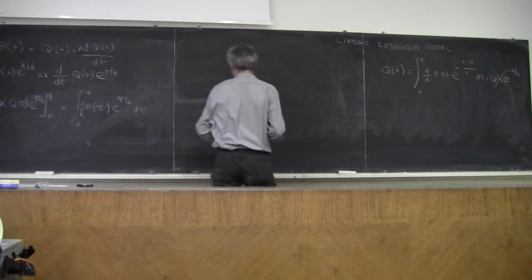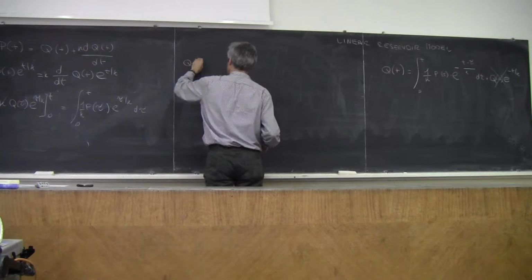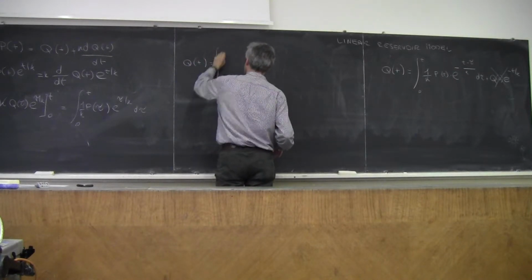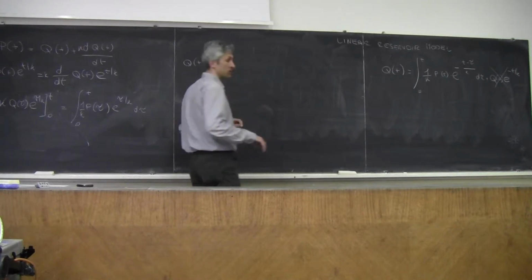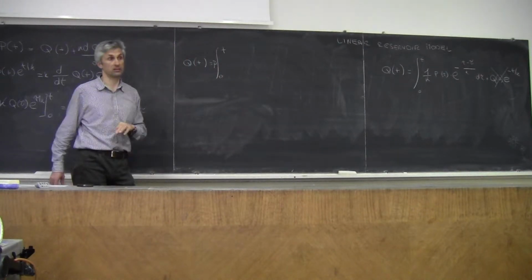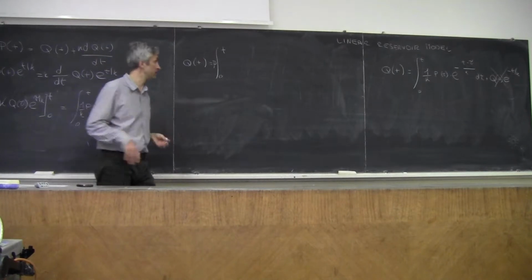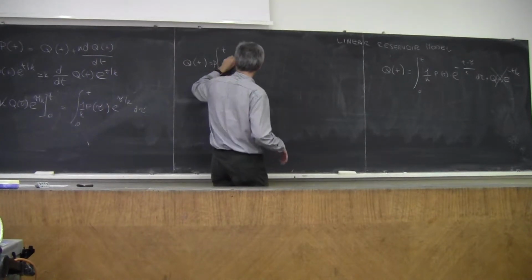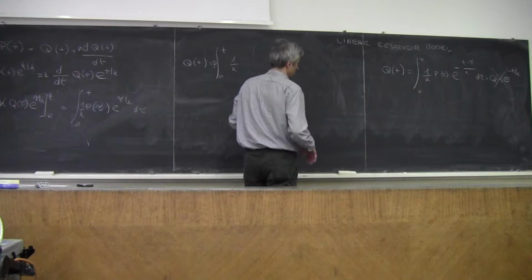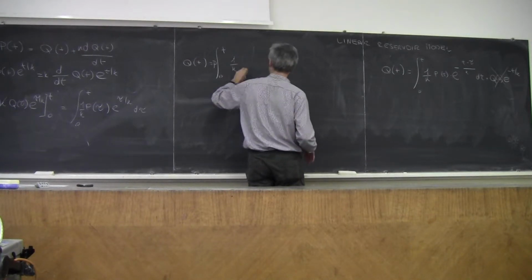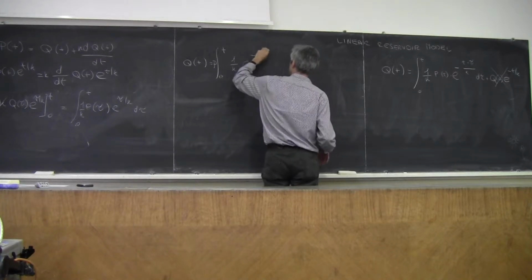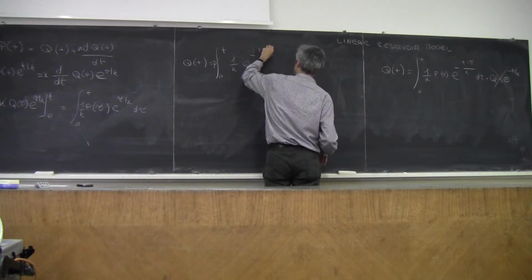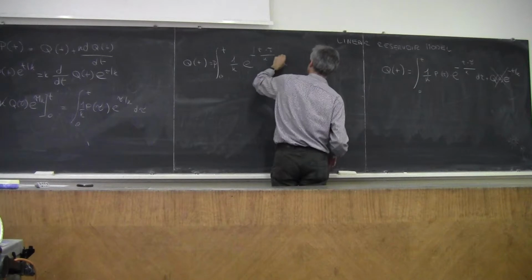So with constant rainfall, we can write that Q(t) is given by the integral between 0 and t of, first of all, let me bring rainfall outside the integral because it's constant, for simplicity. And then we get 1 over k times e to the power of minus (t minus tau) over k, d tau.